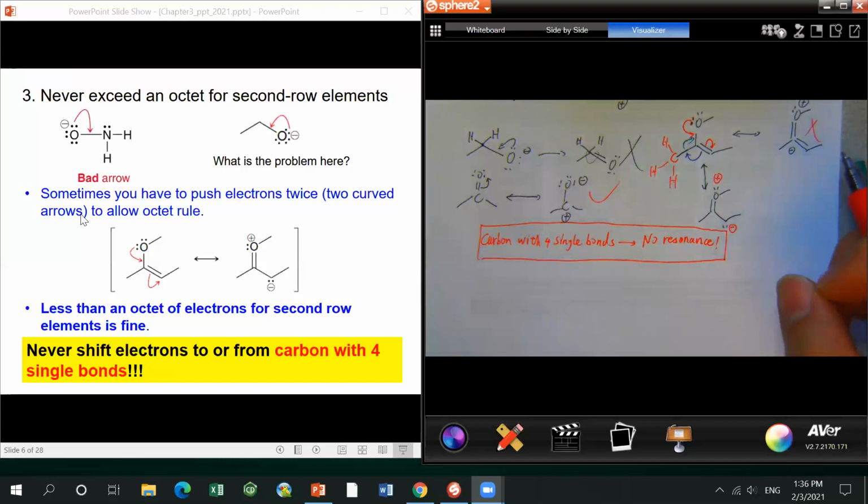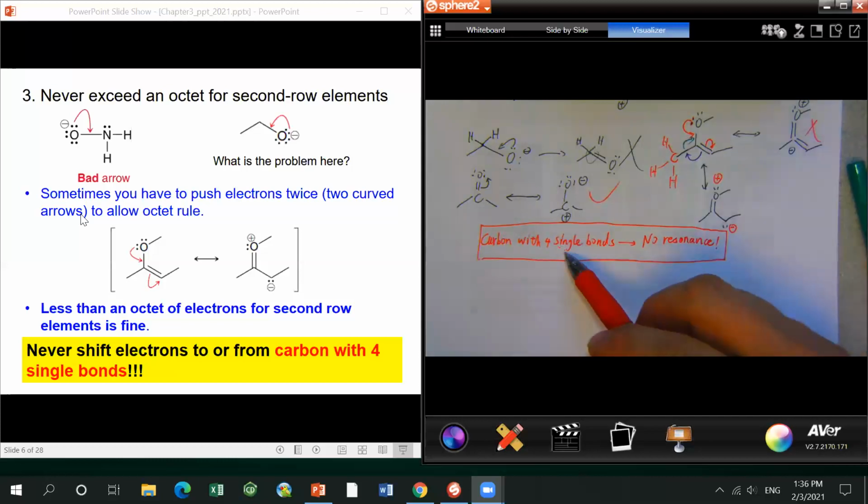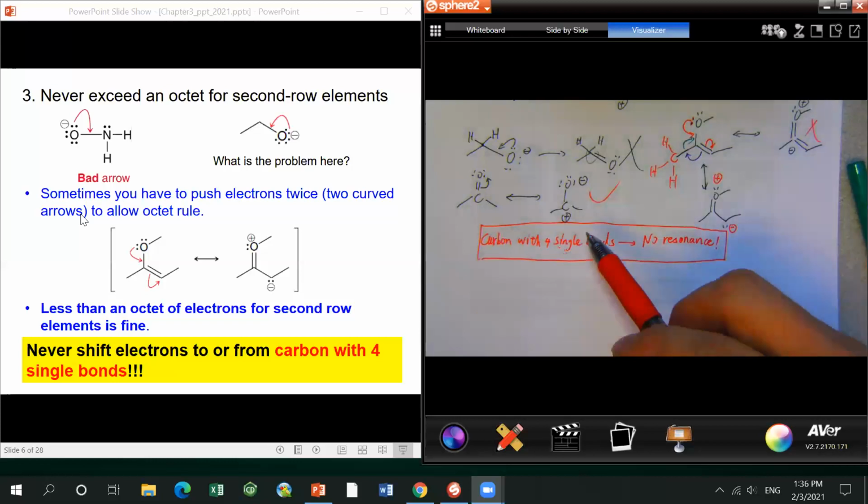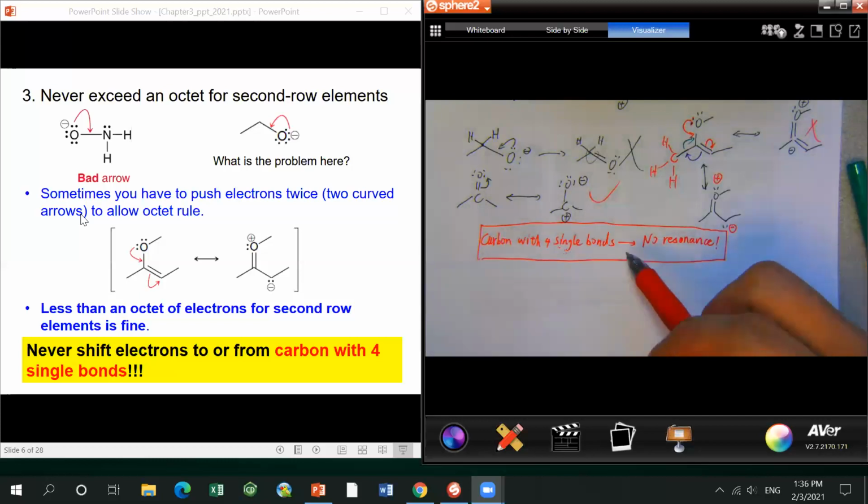So in future exams and quizzes, if I find someone trying to do resonance for a carbon with 4 single bonds, I will deduct actual credits. Keep that in mind. If you try to take electrons away from a carbon with 4 single bonds, or put electrons onto it, I will deduct credit.